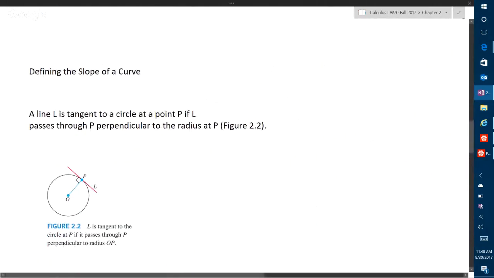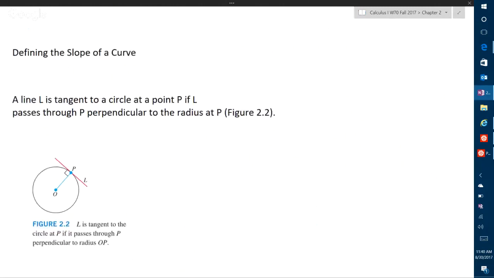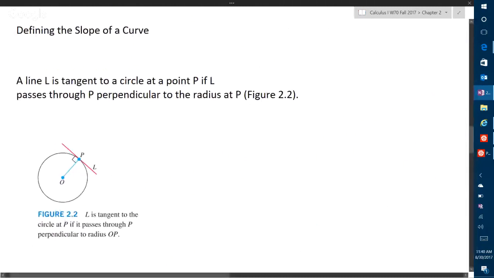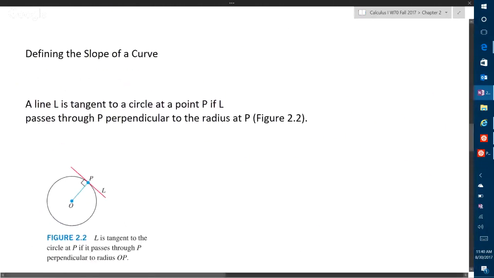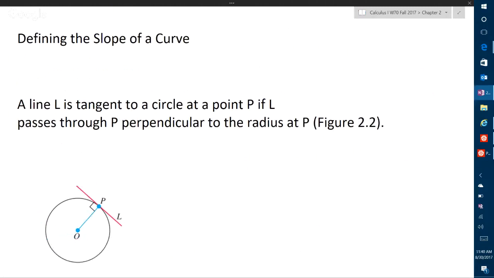Okay, so a line L is tangent to a circle at a point P if L passes through P perpendicular to the radius at P. So that's a little wordy. Basically, if you have a line through a point P on a circle, and that line creates a 90-degree angle with the radius, then we say that this line L is tangent.